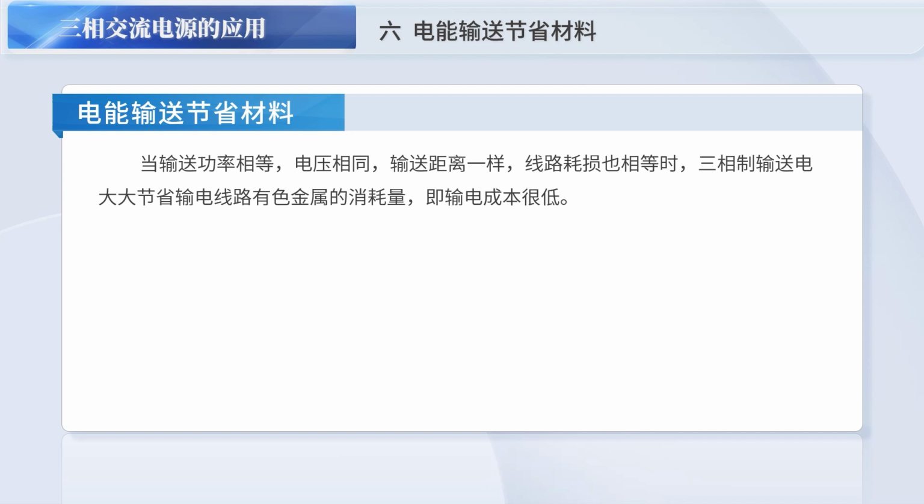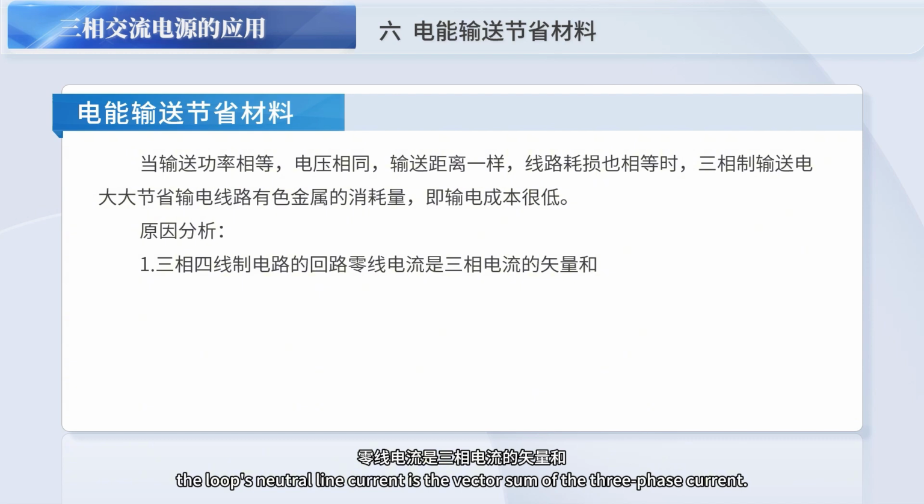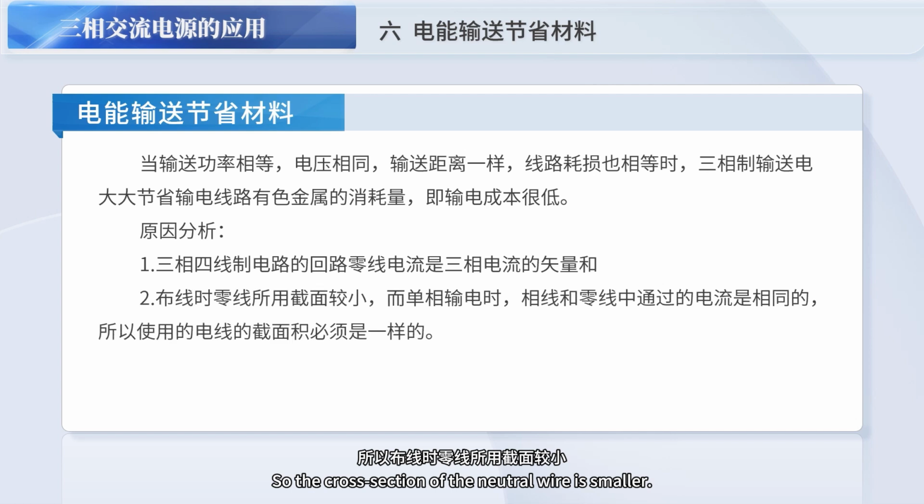In the circuit of the three-phase four-wire system, the zero-line current is the vector sum of the three-phase currents. That is to say, when the load is equal, the three-phase currents are equal, and the neutral current is zero. So, the cross-section of the neutral wire is smaller.